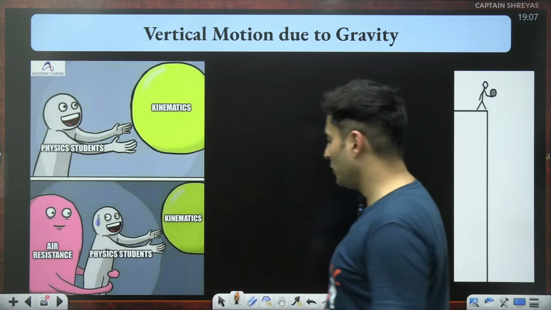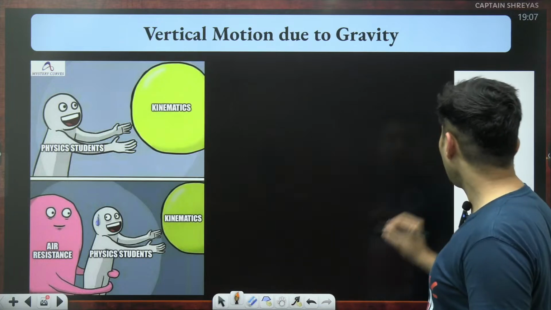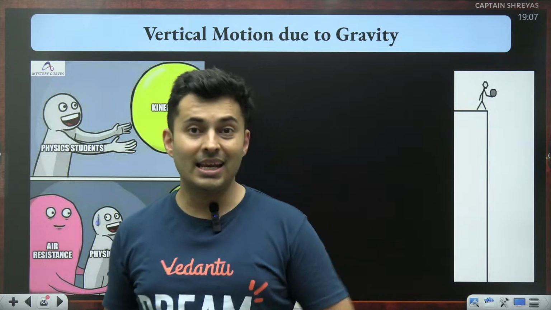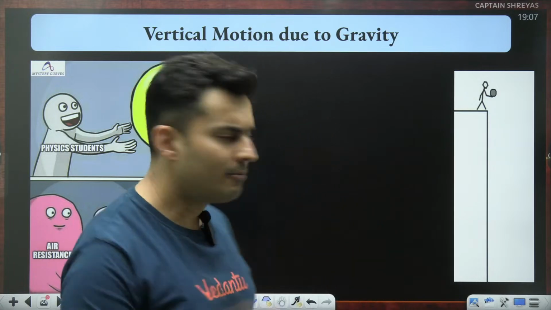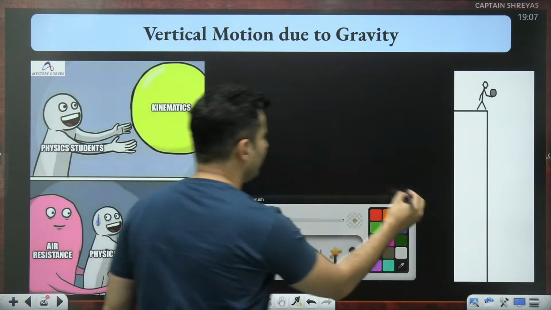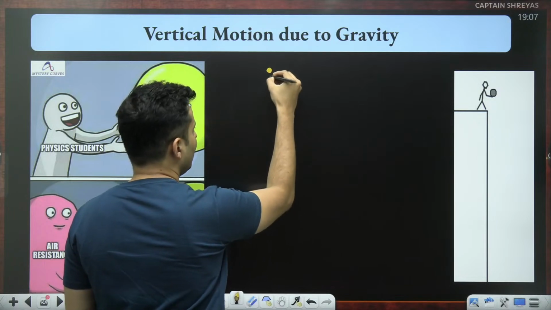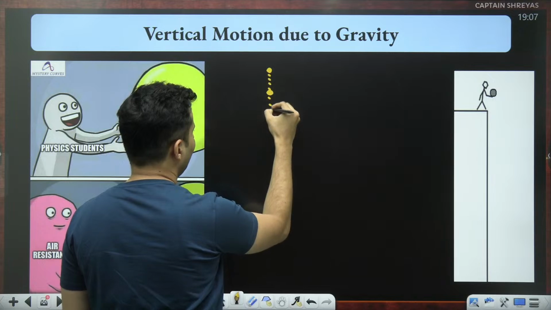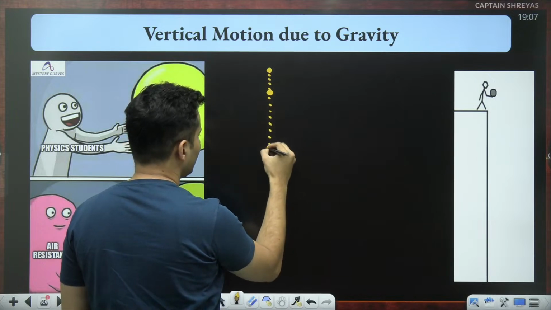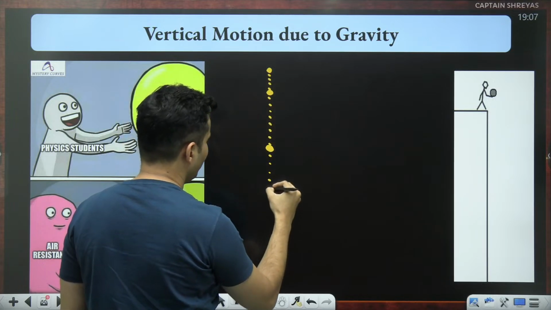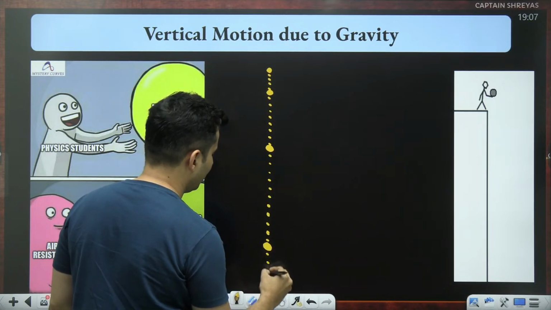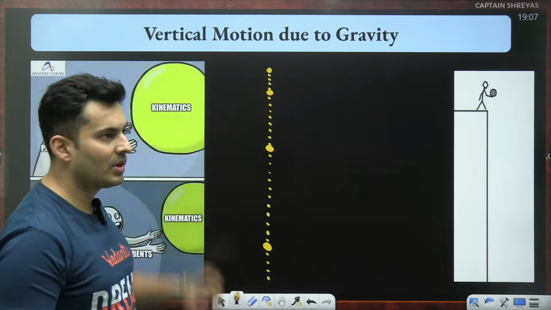Now, anything that you drop under gravity always falls down in an accelerated manner. Meaning, say for example, if you drop something and in 1 second it moves this much, in the next second it will move even more. In the next second, it will move even more, and so on and so forth. The distance keeps on increasing.